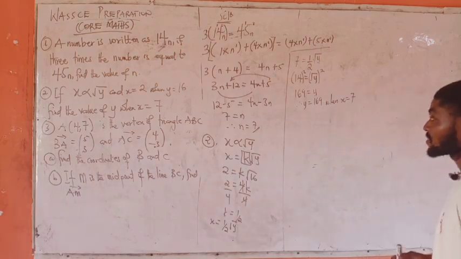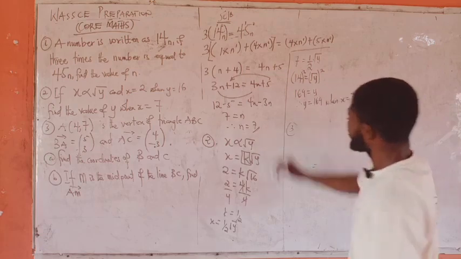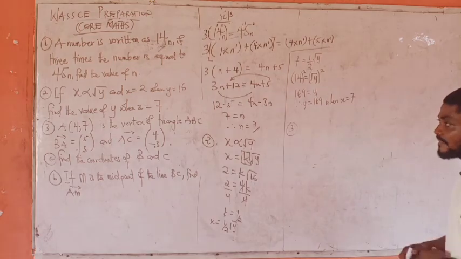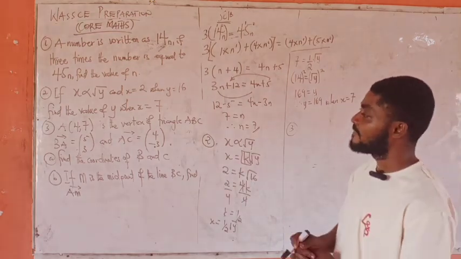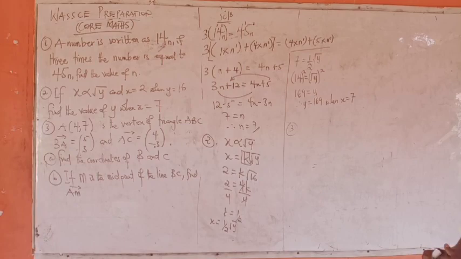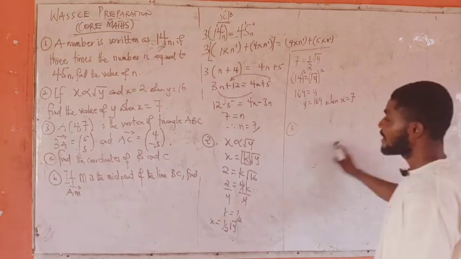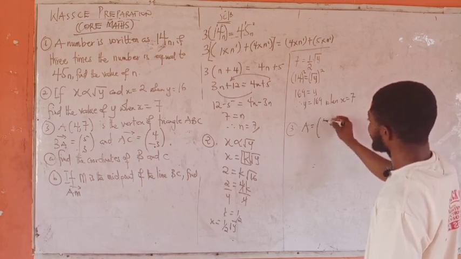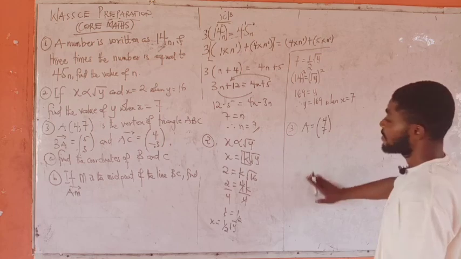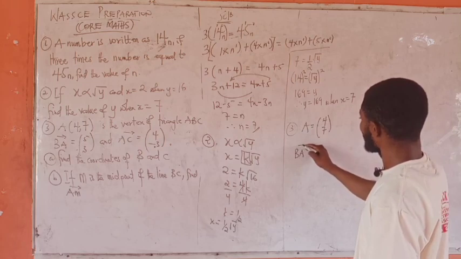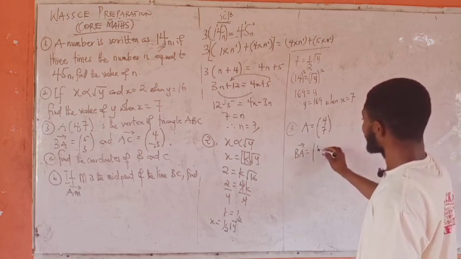So, done with question 2, now question 3. A, which is (4, 7), is a vertex of triangle ABC. If vector BA is equal to (5, 3) and AC is equal to (4, -3), we have to find the coordinates of B and then C. We've been given A to be (4, 7), and we're told that BA is equal to (5, 3).